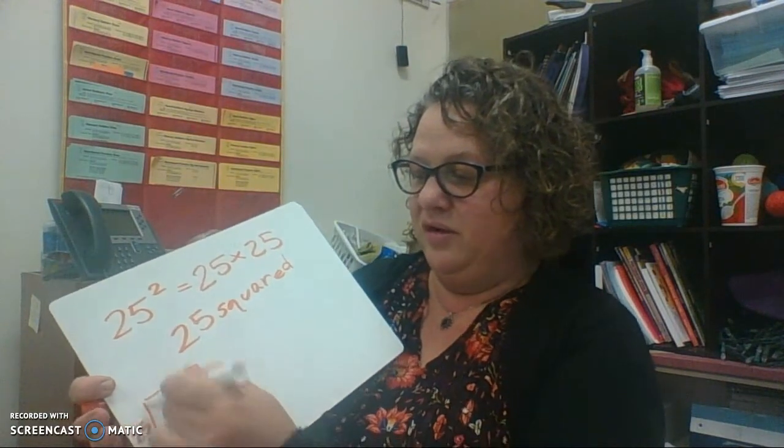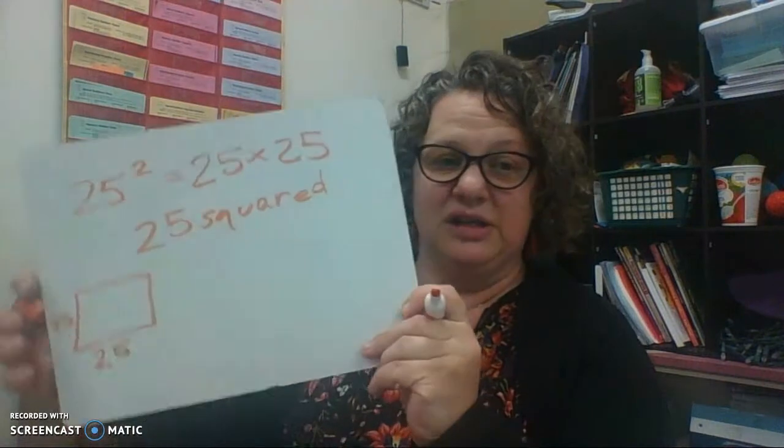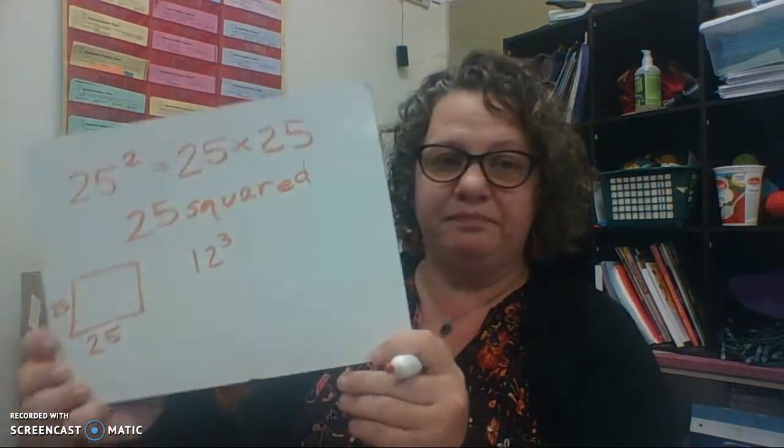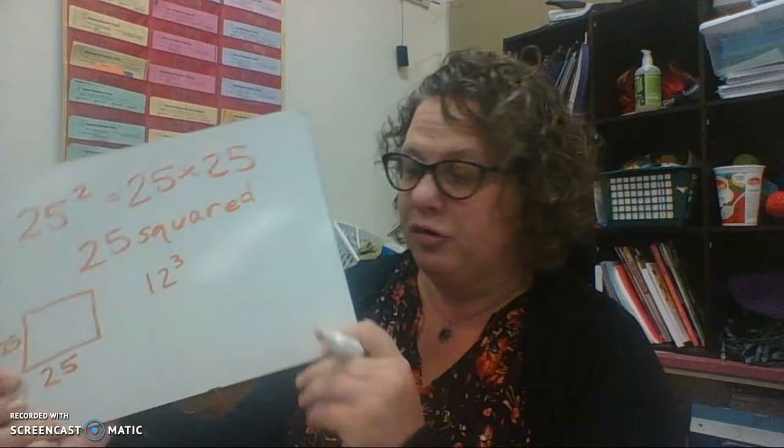okay? And that comes from geometry because if we have 25 inches over here and 25 inches over here and we multiply them, we have squared inches. So that's why we do that. Then if we have, let's say, 12 to the third power, we call that cubed.